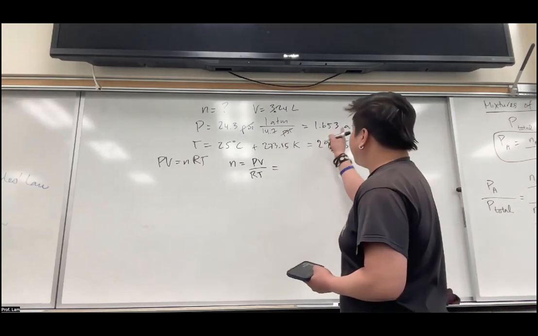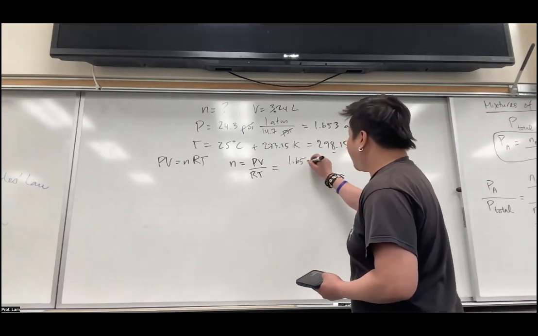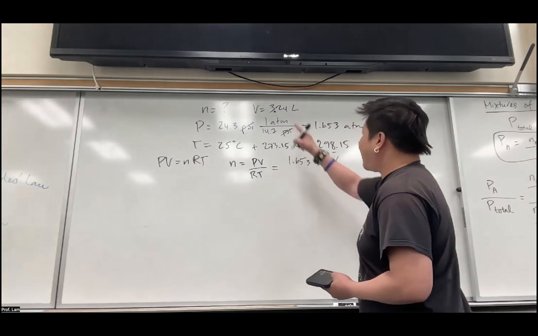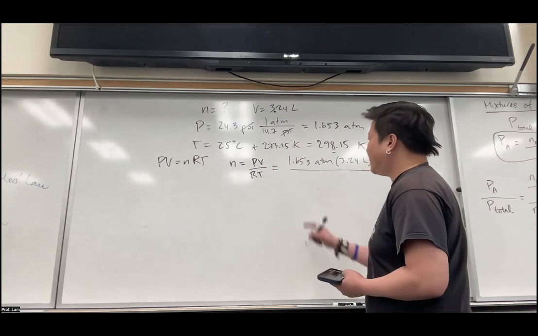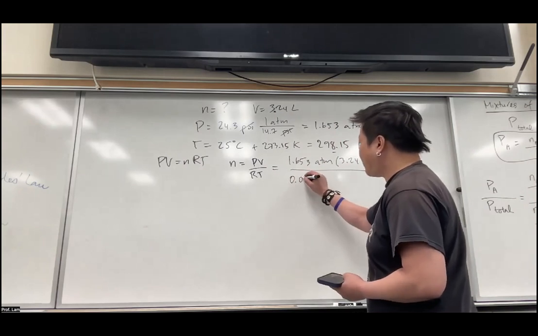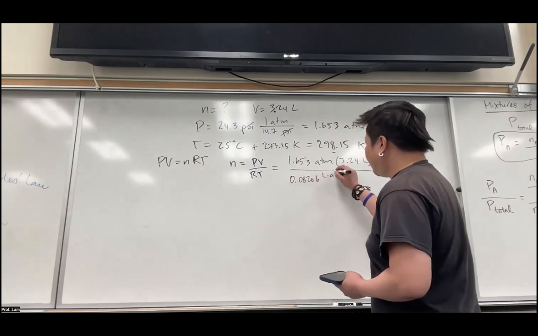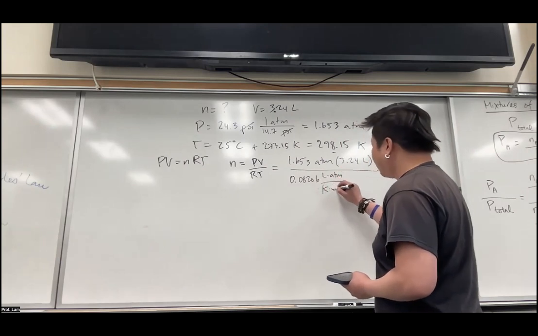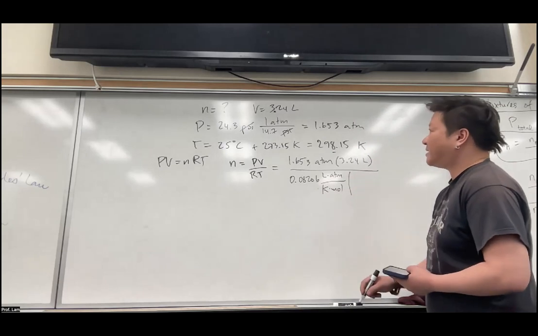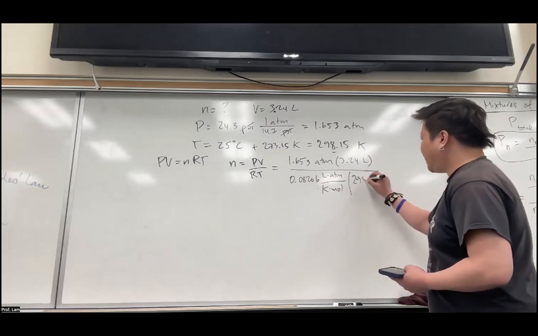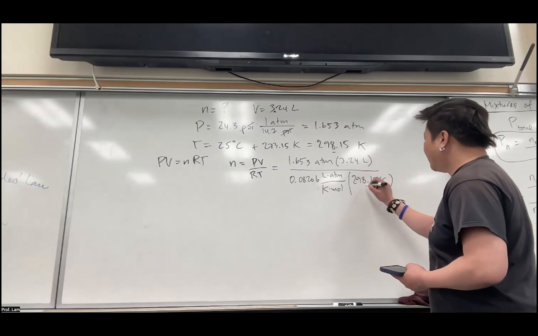So we have the pressure in atm now, 1.653 atm, times the volume in liters, which it already is, over R, 0.08206 liter atm per K mol. Don't worry, you're going to memorize this number very quickly; you'll use it all the time. And then the temperature is 298 Kelvin, underline that 8.